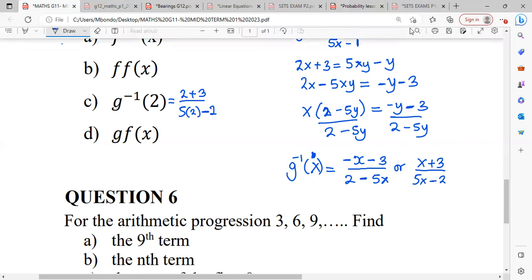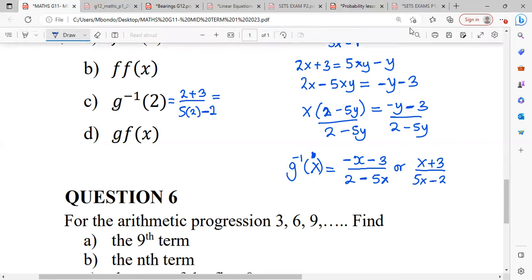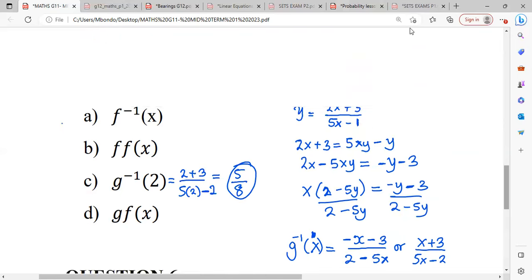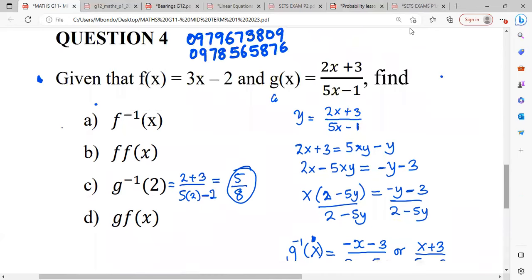That is going to give you what? 5. Then 10 minus 2 will give you 8. So this is what is supposed to be the answer. I hope we get it and we have the answer, all of us.